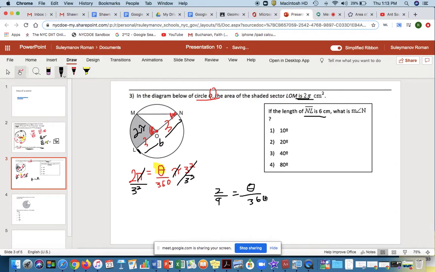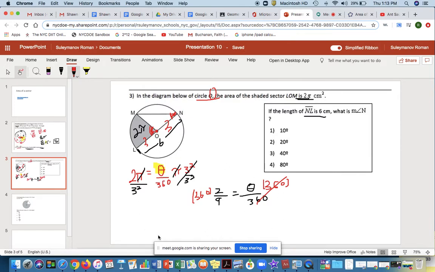And then if I want to know what the angle is by itself, I multiply both sides by 360. When I do that, the 360s divide out, and this is my answer for angle O, not angle N.